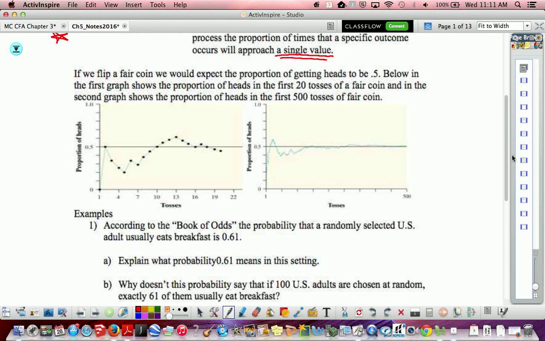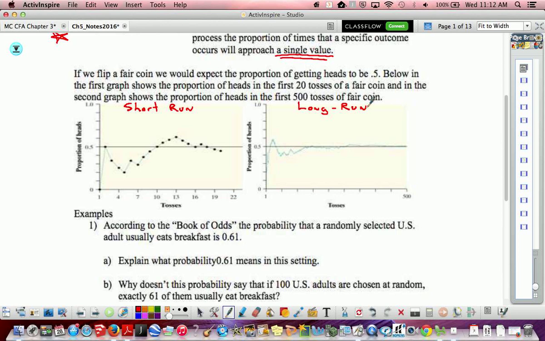The first graph shows the proportion of heads for the first 20 coin tosses, and the second graph shows the proportion of heads in the first 500 coin tosses. So this first graph is really showing you the short run behavior versus the long run behavior. And in probabilities, what we're really focused on is the long run behavior.